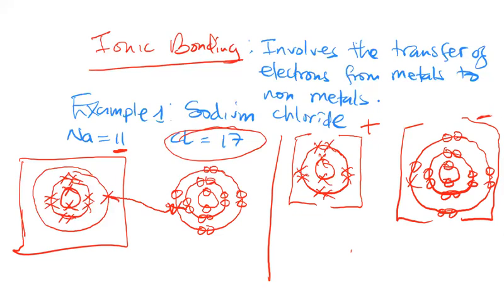Put differently, sodium is positive and chlorine is negative. So this is what we call ionic bonding. It involves the transfer of electrons from metals to non-metals. Let's go to example 2.